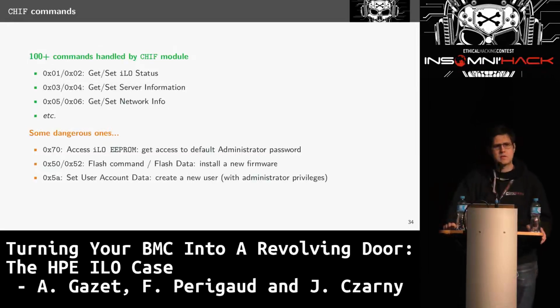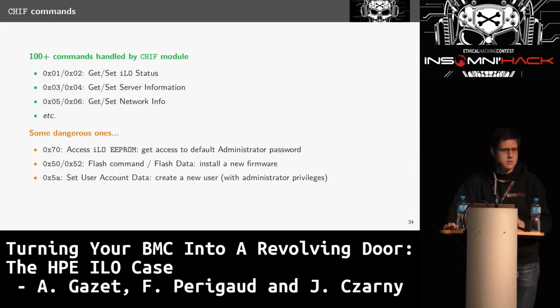About the commands you can send to the iLO, there are more than 100 commands handled by chief. For example, you can get the iLO network configuration and modify it. But there are also some dangerous commands. For example, command 70 allows you to dump the iLO EEPROM. The EEPROM contains the factory settings of the iLO, including the default administrator password in clear.